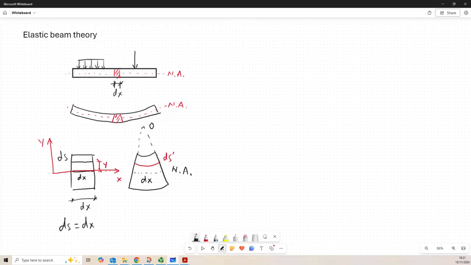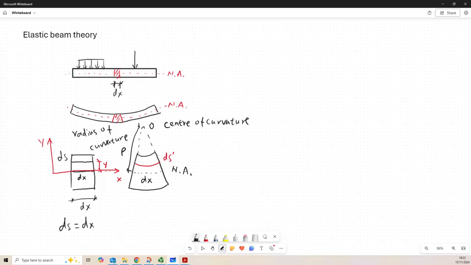From the center, the distance from the center to the arc is the radius of curvature. We use the Greek letter rho to denote the radius of curvature.